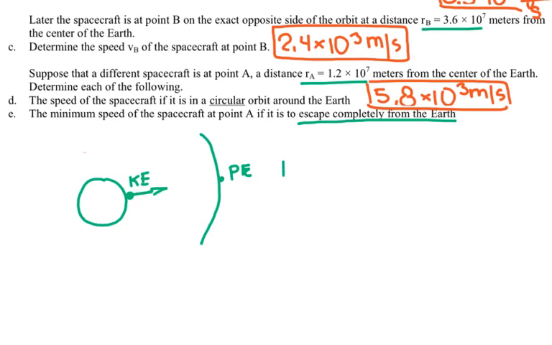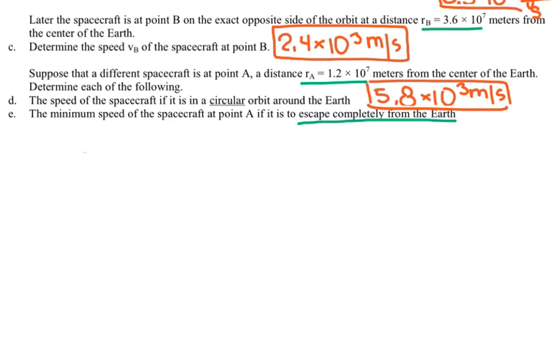So that means the kinetic energy is all going to be converted to the potential energy, or kinetic energy plus the potential energy must be equal to 0. And this is how I'm going to start this question.